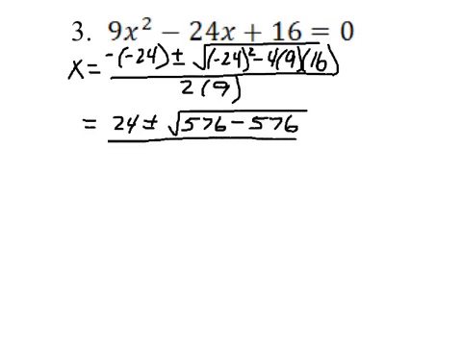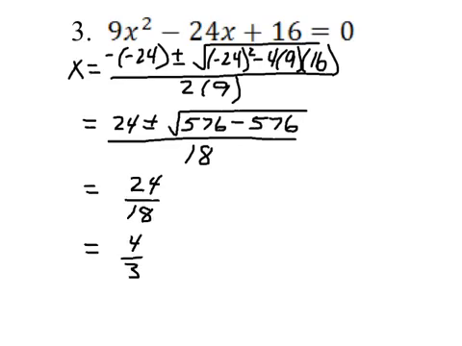Well, that's convenient. What looked like it was going to be a terrible, big number problem all goes away. We're just left with 24 over 18, which can be reduced by 6, so you end up with 4/3.